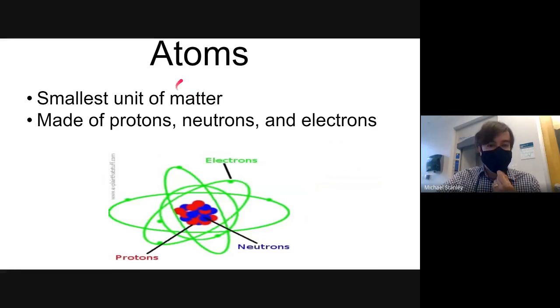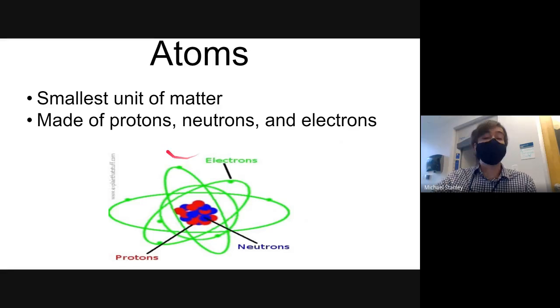All right, so atoms. Atoms are the smallest individual units of matter. They are basically the building blocks for everything else in the universe. All matter in the universe is made up of atoms.